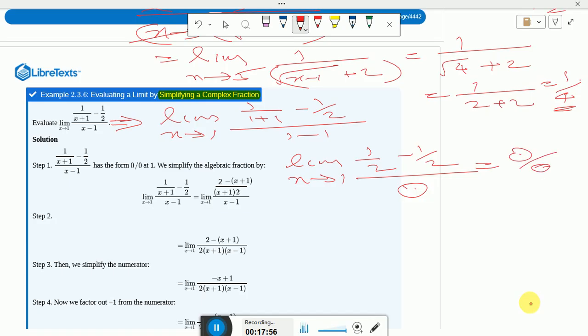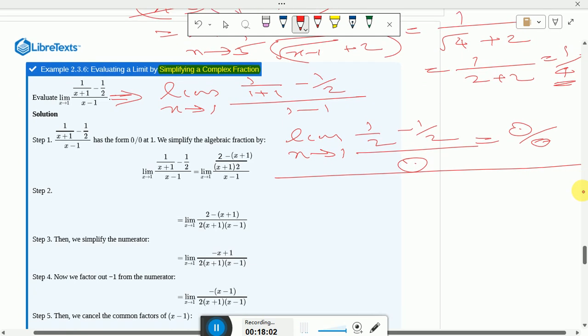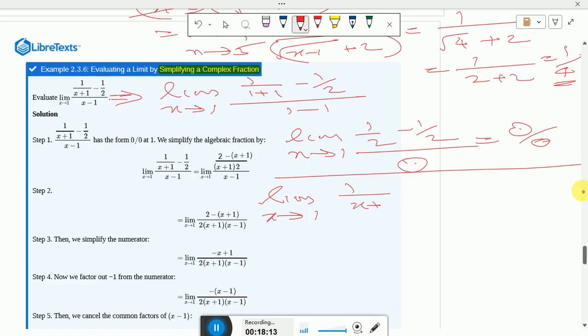If you have this type of question, rather than directly applying the limit, we can simplify the equation. The first thing is to simplify limit x approaches 1 of (1 over x plus 1 minus 1 over 2) over x minus 1.